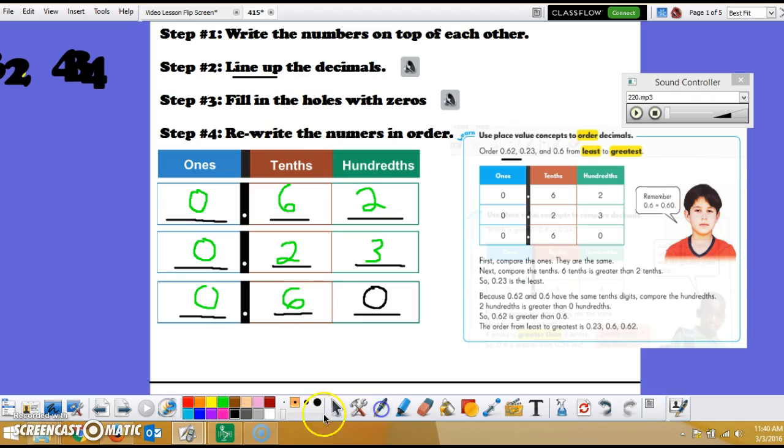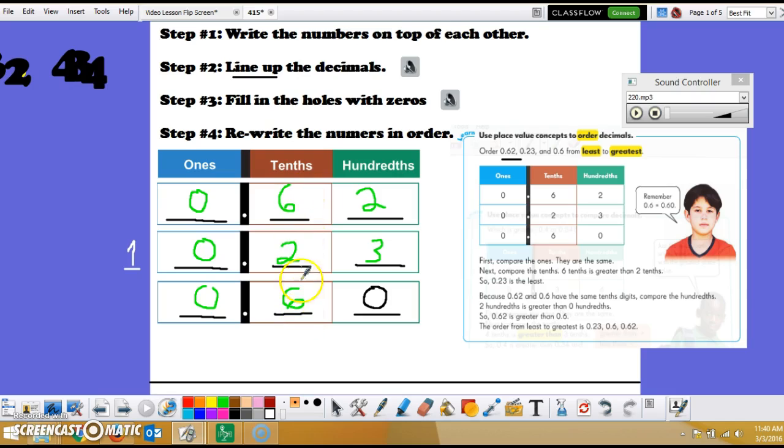What I like to do then is organize my numbers first. Recognize that I'm looking for the smallest number first, the least number. So I'm going to look for the lowest number when comparing place values left to right. Well, there's nothing in the ones, so I've got to look at the tenths. Which one is my lowest number? Clearly this 2. So when I rewrite my numbers, that one is going to be the one that I write first. Then I look at the other 2 numbers that I have.